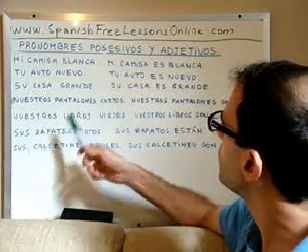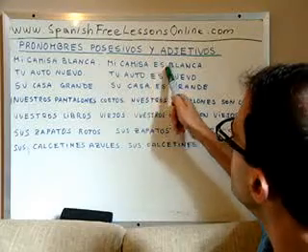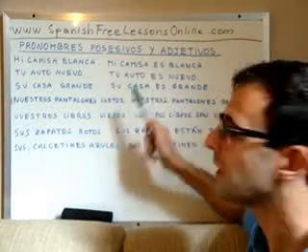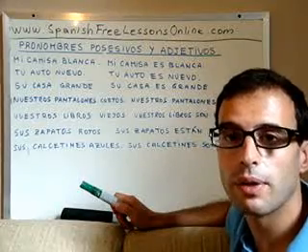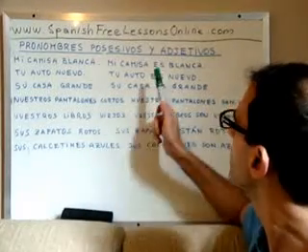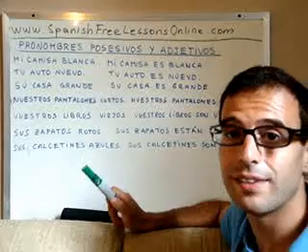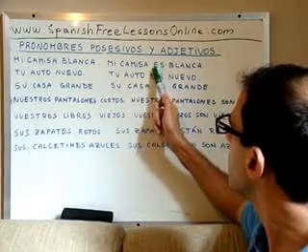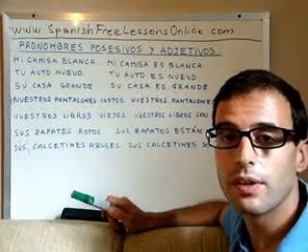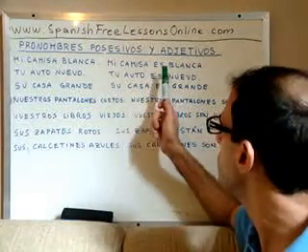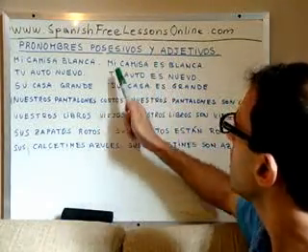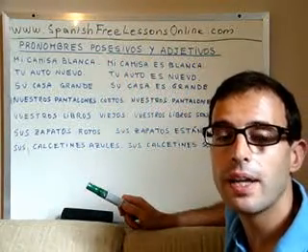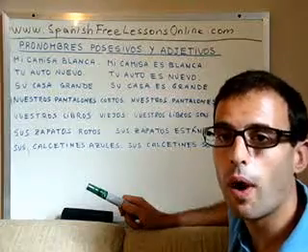Now if we add the verb to be conjugated for the third person singular, for it, because a shirt is an it, right? Then it would be is in English. So we use es in Spanish. Mi camisa es blanca means my shirt is white.